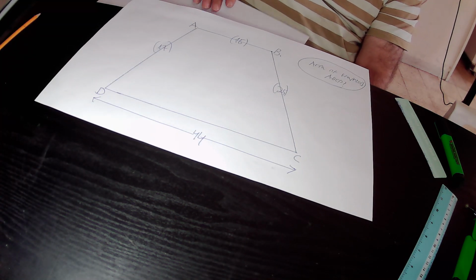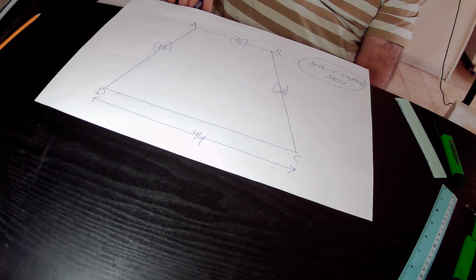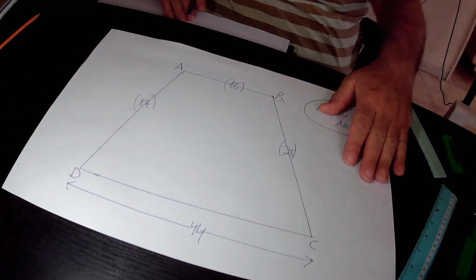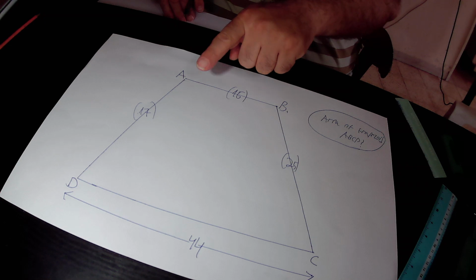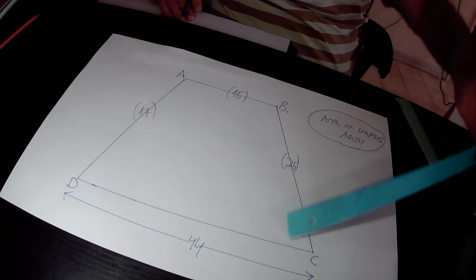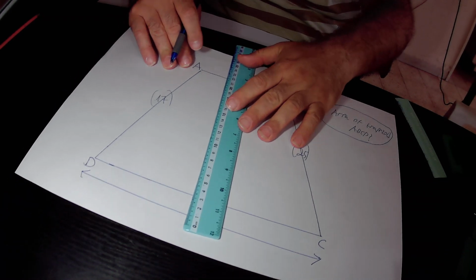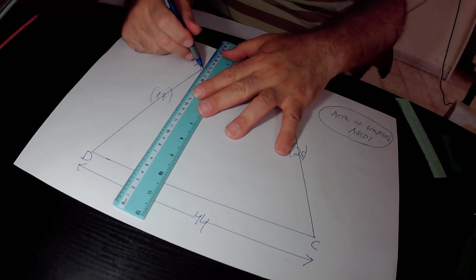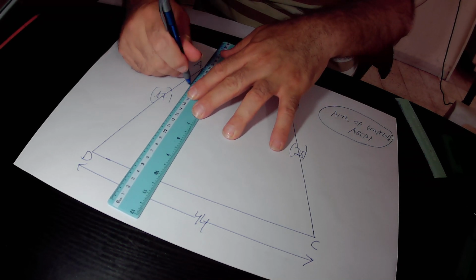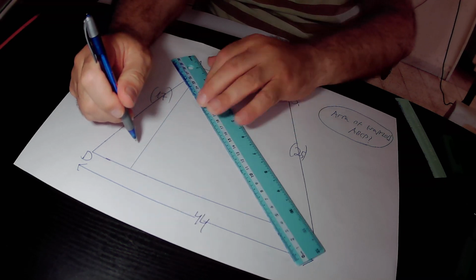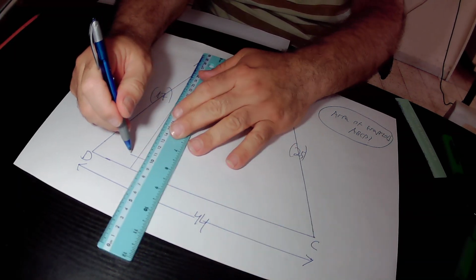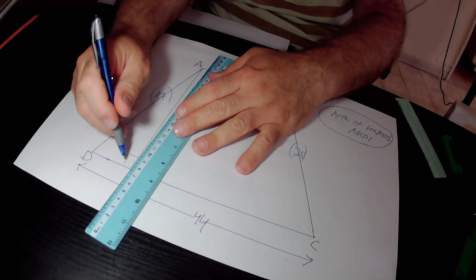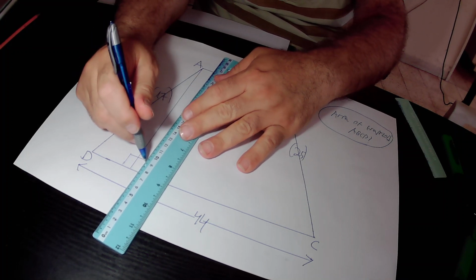ABCD, we will do a construction. That is to say, from this point A, we will draw a perpendicular to DC. So this angle equals 90 degrees, and this angle also equals 90 degrees according to our construction.